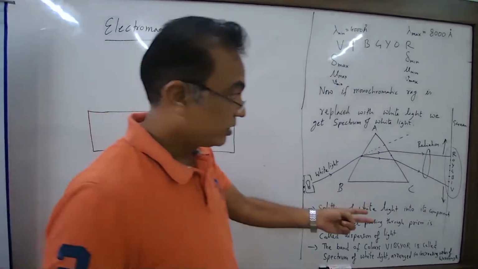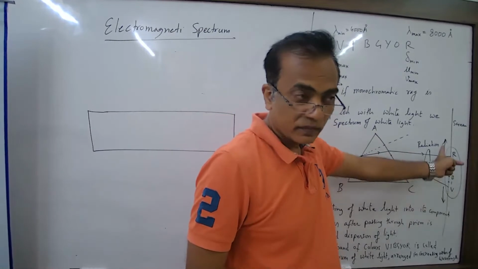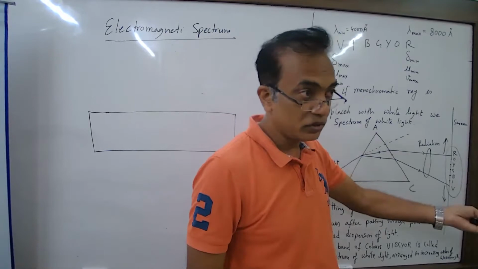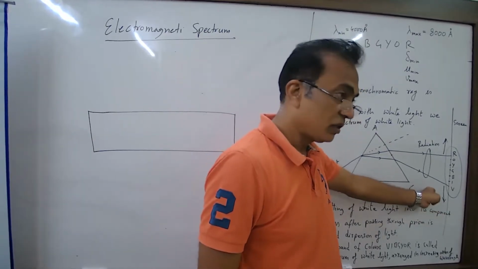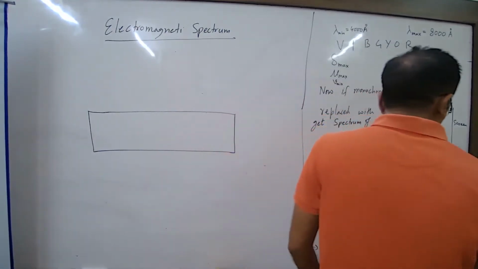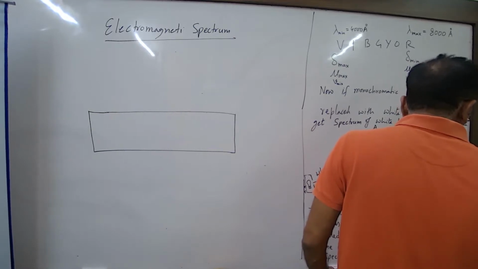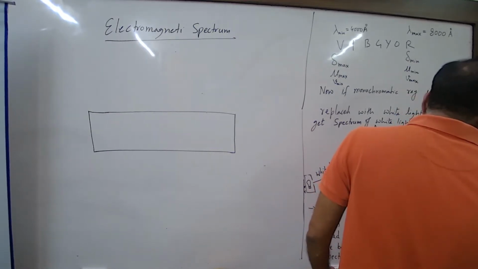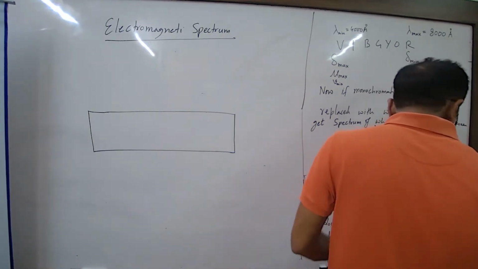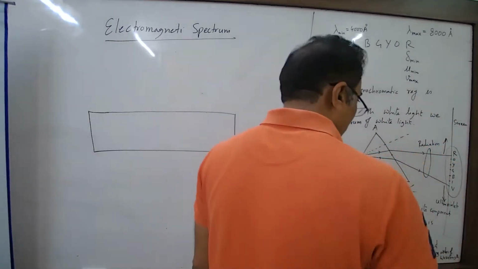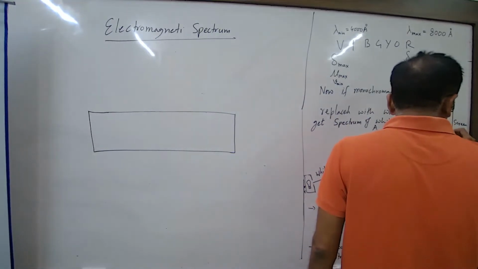All waves are under radiation, right? So some radiations are visible to us, like these colors, but there are certain radiations in the environment which are not visible to us. Beyond violet is called ultraviolet, and this side is called infrared.